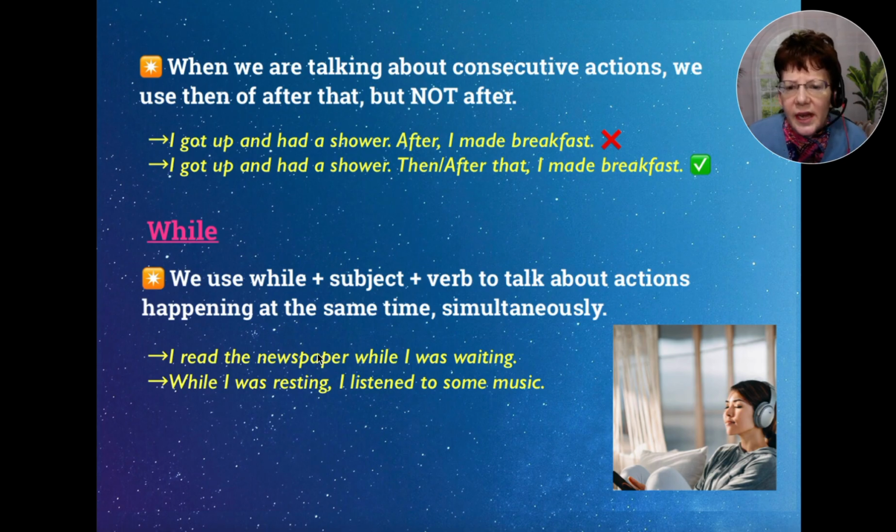So, two actions happening here, read the newspaper and was waiting. And then we have while I was resting, comma, I listened to some music. Again, two actions here. Note that when the clause here starts with a time connector, we always use a comma after that to separate the two.